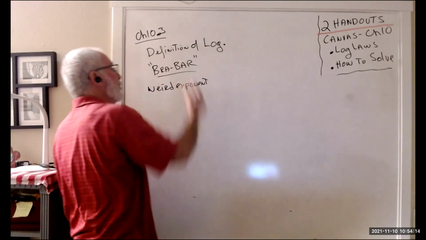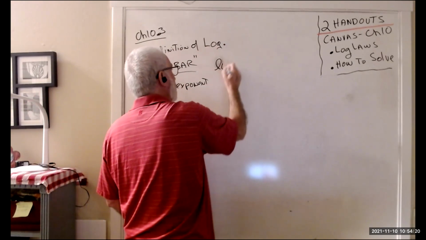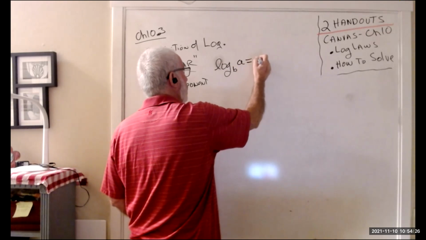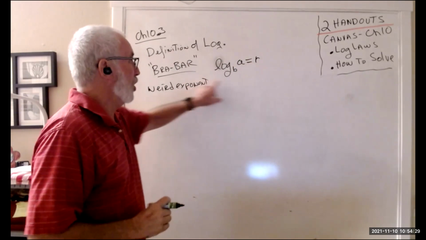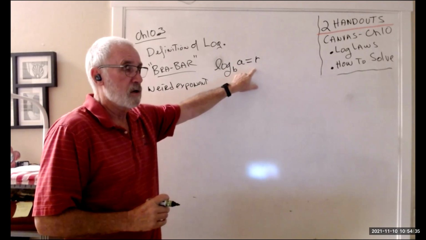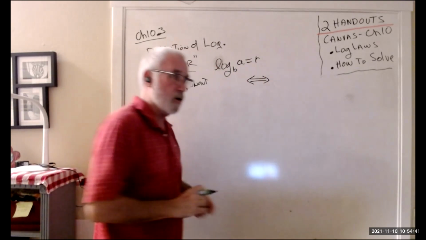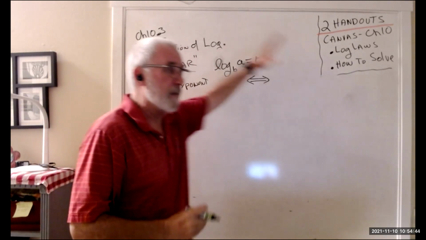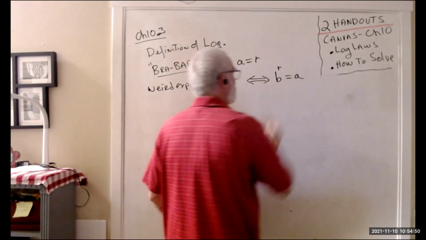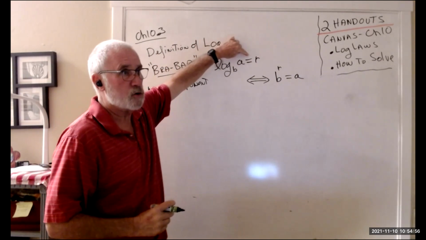And in section 10.3, they had a lot of practice. If you had the log base B of A equals R, if you start at the bar, that is equivalent to, that's why I use the double-headed arrow, because it can change forwards and backwards, B to the R equals A. So this is called a logarithmic equation.